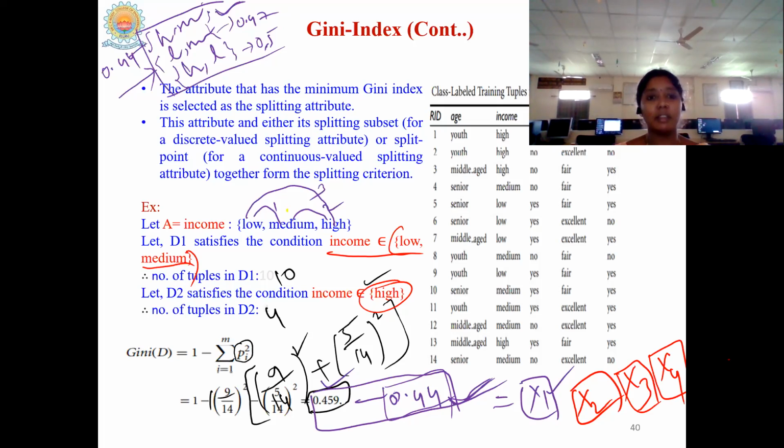So now my task is, why we are doing all these things? To select the root attribute. That is also called as the splitting criteria. So to select the root attribute, I am going through all this process. So what may be my ultimate root attribute? Out of 4 attributes I am having, age, income, student, credit rating.